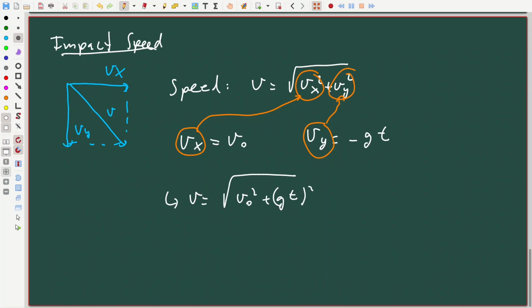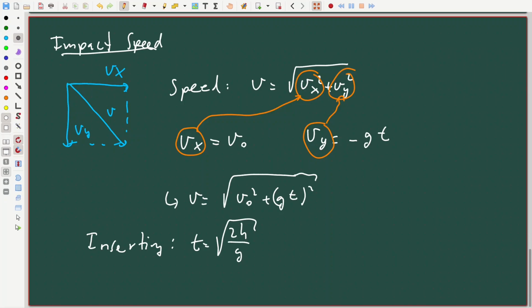And we have already seen that we can also calculate this time now. We have already seen for a free falling object that our time is given as t equals the square root of 2h divided by g.